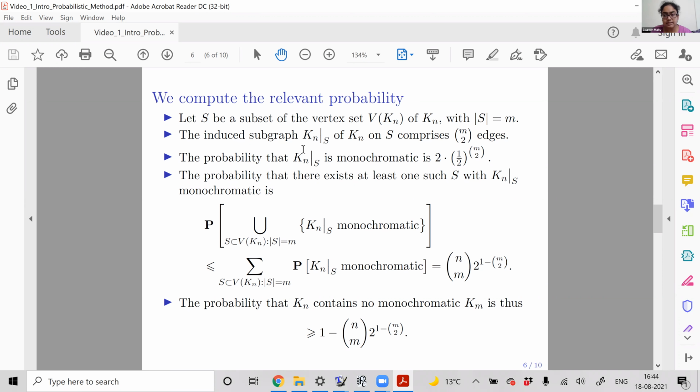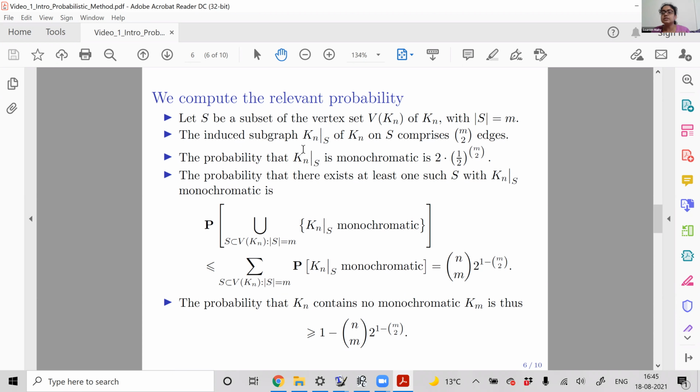Because K sub n is a complete graph and S comprises m vertices out of the n vertices of K sub n, it's going to have m choose 2 edges, because all the vertices of S are adjacent to one another. Now I ask, what is the probability that the induced subgraph of K sub n on S is monochromatic? If it needs to be monochromatic, what does it mean?